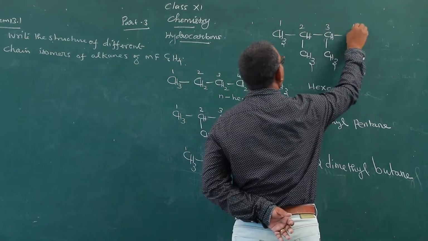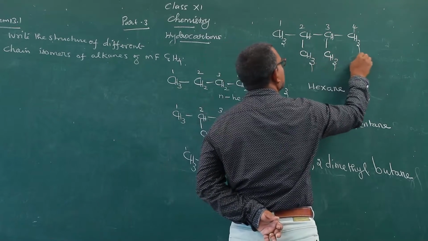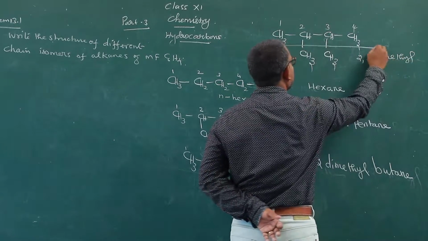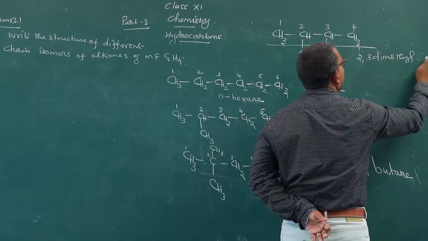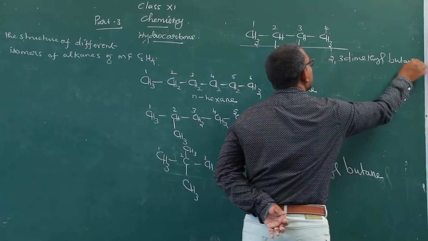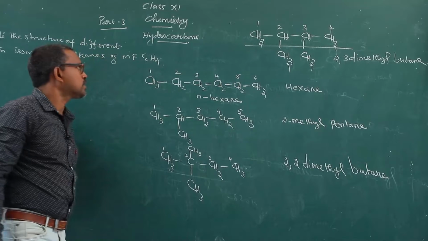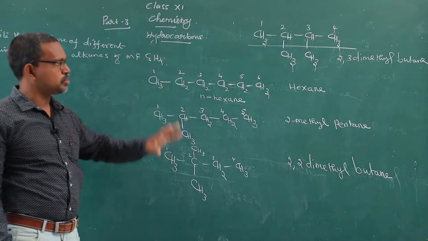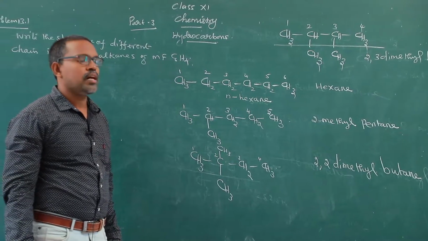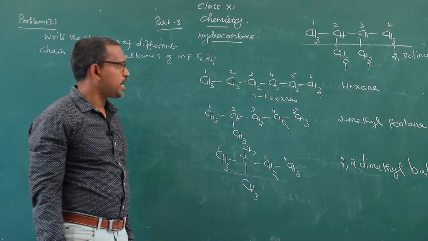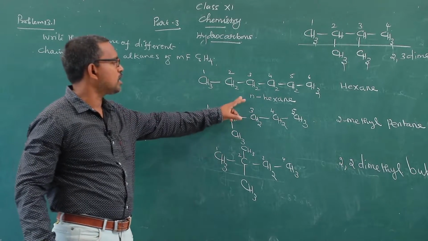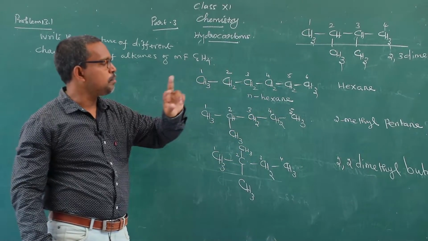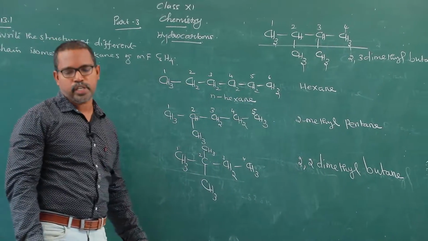Numbering 1, 2, 3, 4: 2-methyl, 3-methyl, so 2,3-dimethylbutane. So hexane has how many isomers? Four isomers, all differing in their arrangements: normal hexane, 2-methylpentane, 2,2-dimethylbutane, and 2,3-dimethylbutane.